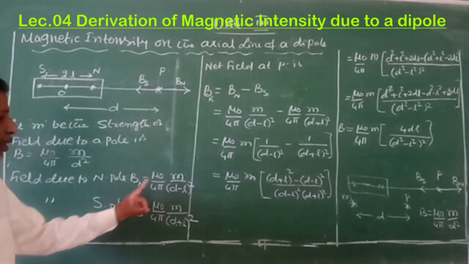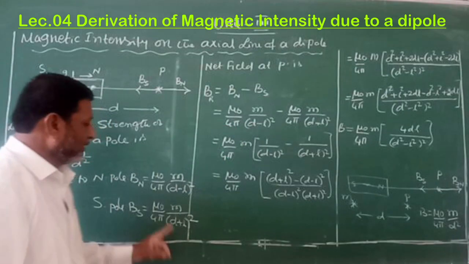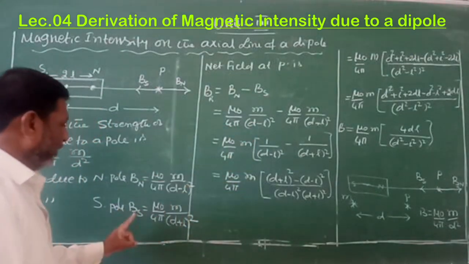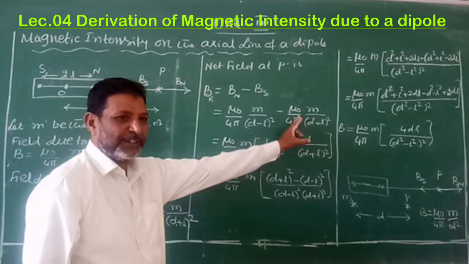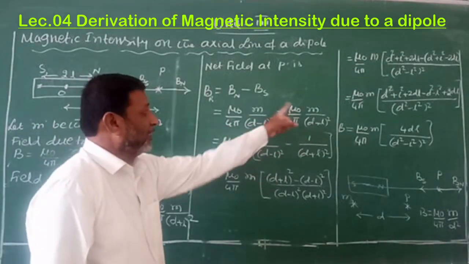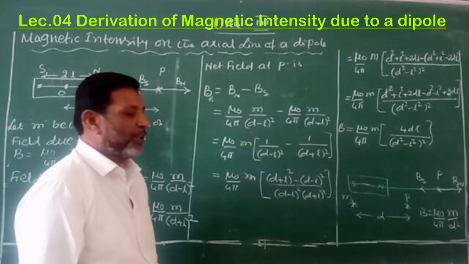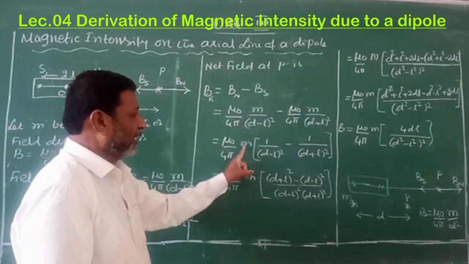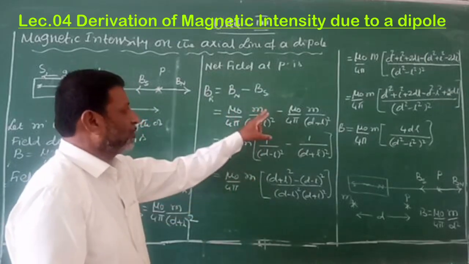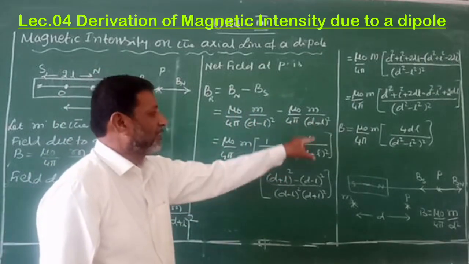Bn is equal to mu naught by 4 pi, m divided by d square minus L square, and Bs is equal to mu naught by 4 pi, m divided by the other term. Whatever common factors are there, take them out. Mu naught by 4 pi m is common. Then remaining is 1 divided by this, minus this.